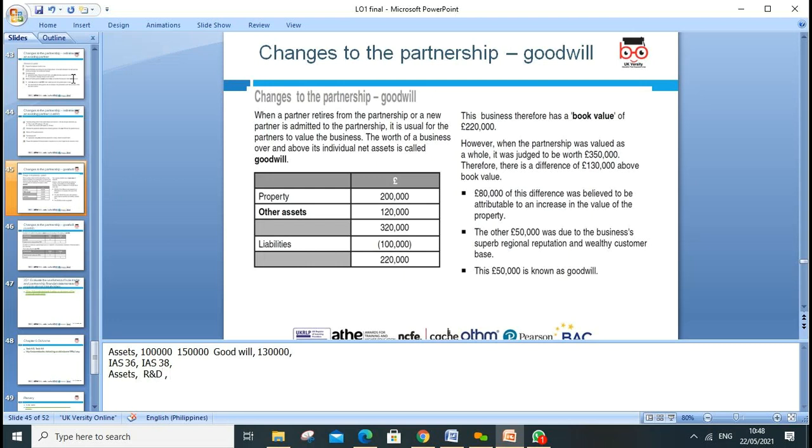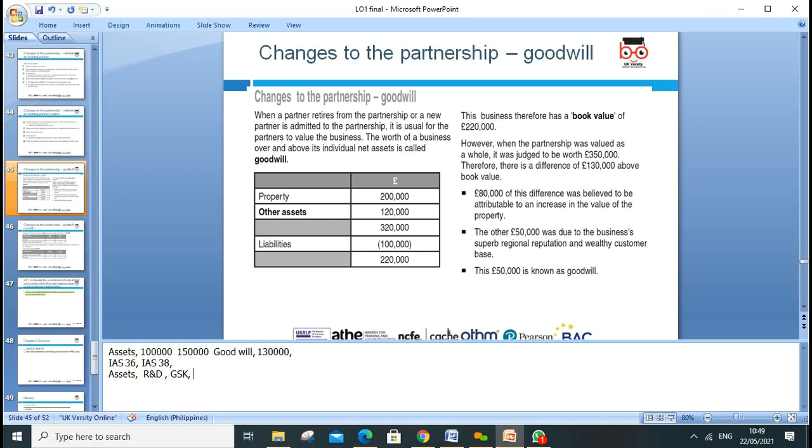Take the coronavirus vaccine, GSK, GlaxoSmithKline. They did research, and their research proved that the vaccine they are going to make will generate £1 million worth of benefit.